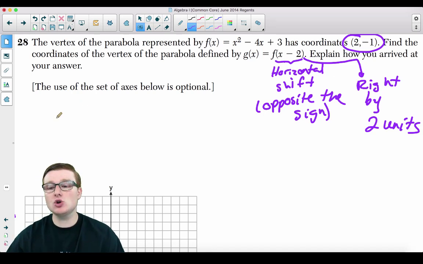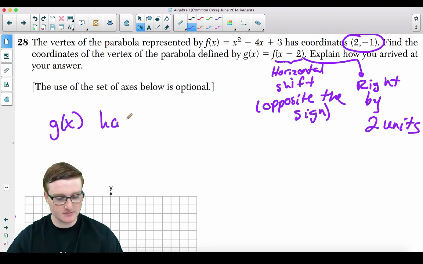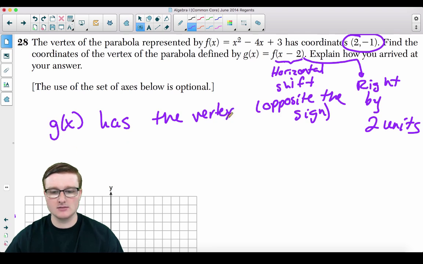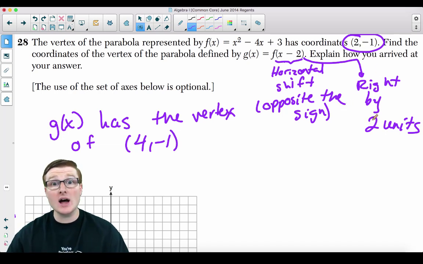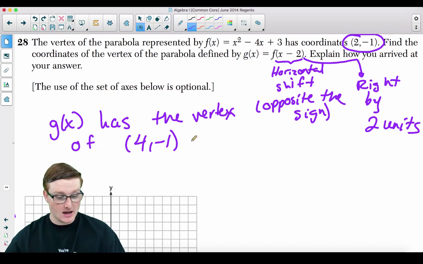So you're going to say that g of x has the vertex of 4 comma negative 1. The reason why it's 4 is you're taking the 2 and you're adding 2 x units to the right. All right?